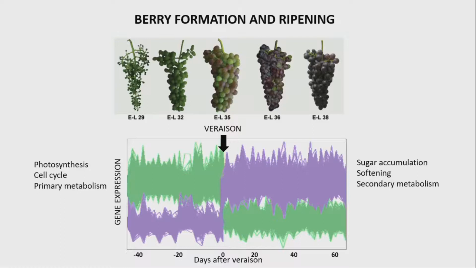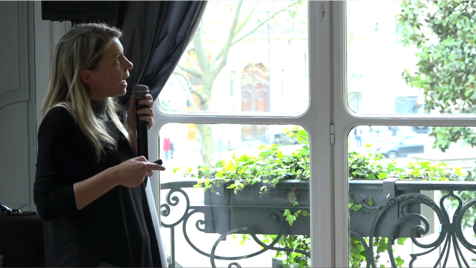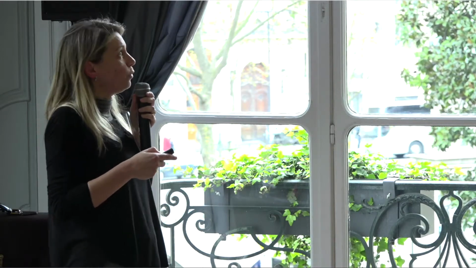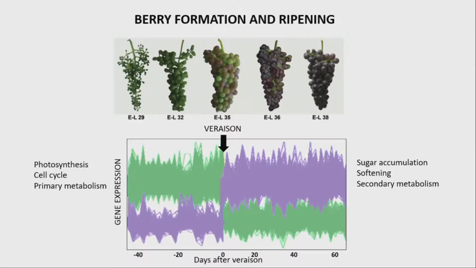One important result that we obtained by this analysis is the determination of many genes with a characteristic expression that can exactly separate the two phases of berry development. We found genes that are highly expressed during the vegetative phase of berries, so the berry formation, and then their expression sharply decreases during maturation.